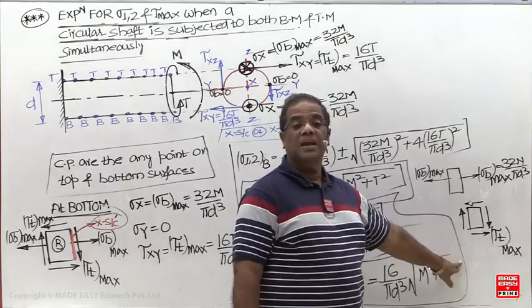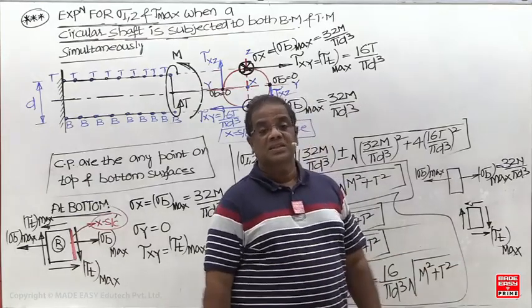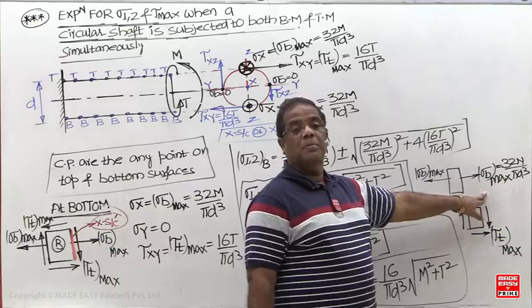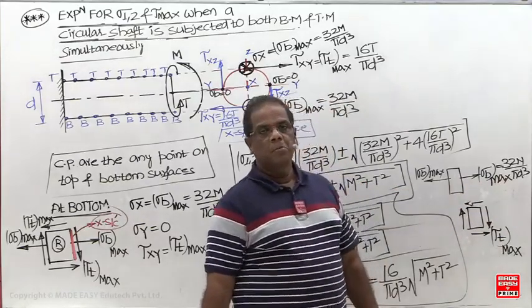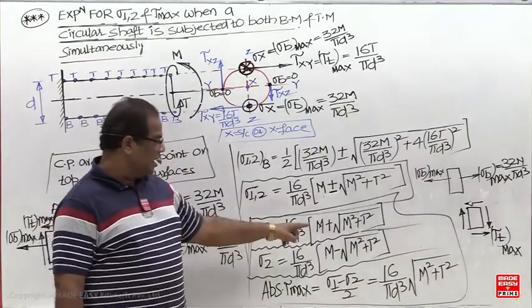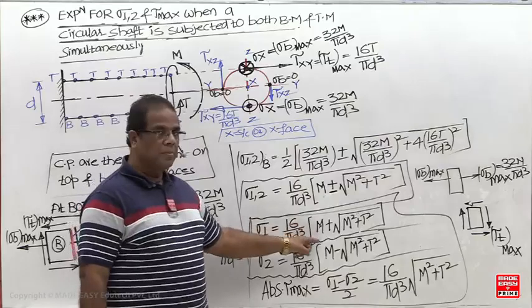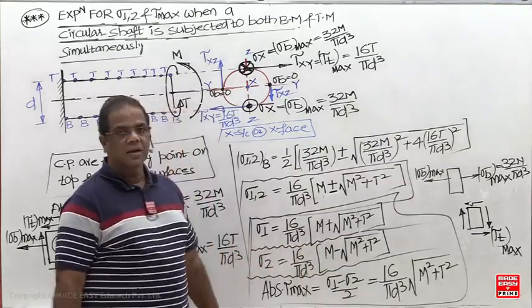Here maximum tensile, maximum compressive and maximum shear are all equal to 16 T by pi d cube. But here maximum tensile is 32 M by pi d cube and maximum shear stress is 16 M by pi d cube. Otherwise, if you want, you can use these equations. Pure bending means you have to make the twisting 0. Pure torsion means M is 0. Check it now.